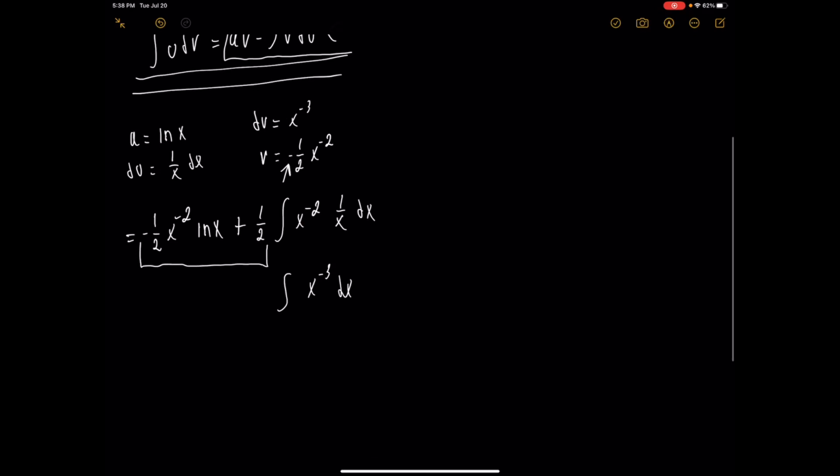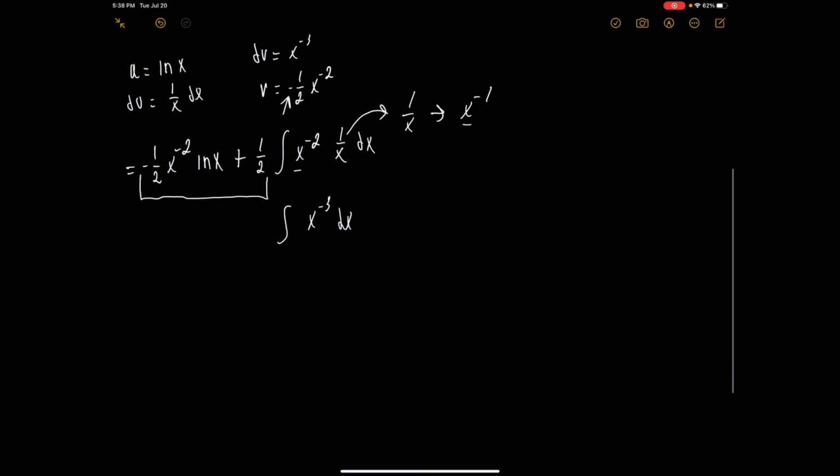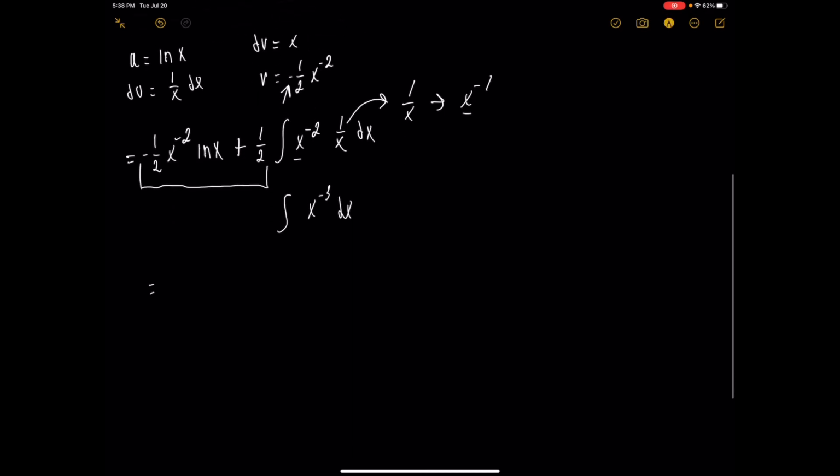It's just because we did a little manipulation of 1 over x, where this can be rewritten as x to the negative 1, and we combined this term and this term, therefore forming x to the negative 3. Now, I'm going to rewrite this whole thing again. So negative 1/2 x to the negative 2 ln x plus 1/2 integral of x to the negative 3 dx.